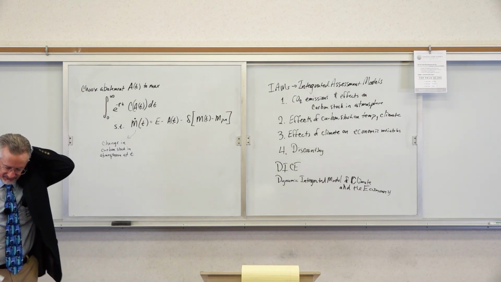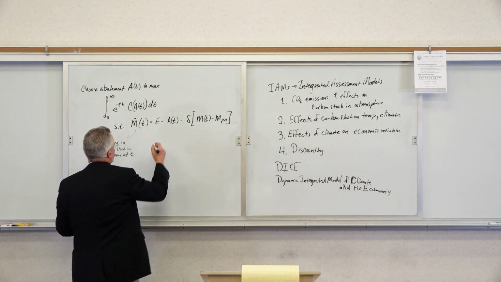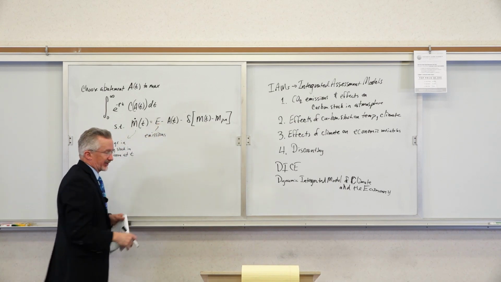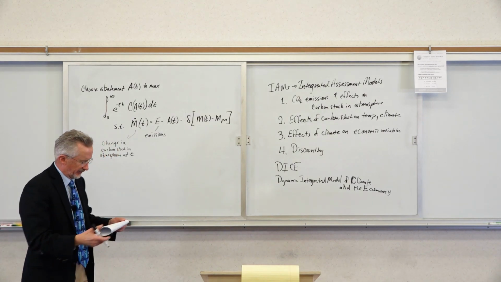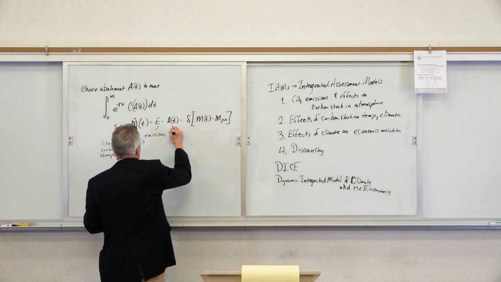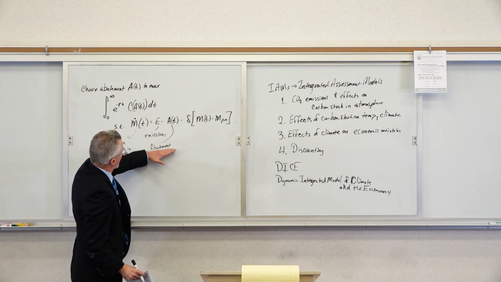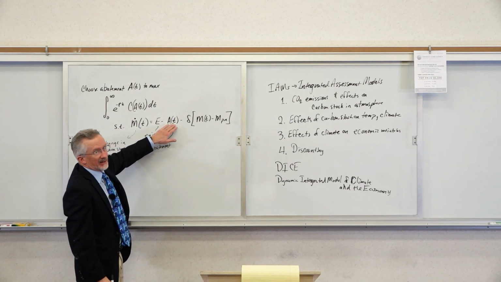This is going to give us the path, and that must be equal to our emissions, how much we're putting out, and that's going to be exogenous. That's just going to be what's coming out. There's abatement, not the cost, but the amount. We're going to minimize the cost of that, but that's taking carbon out of the air, right?